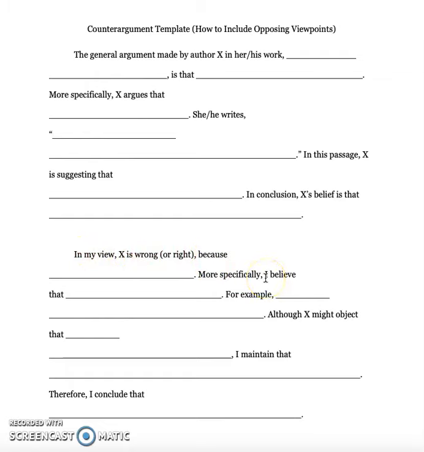Now, what if the opposing viewpoint actually states something that you think is partially true? That's another instance where you could say X is right because of this, but you could say more specifically, I believe that blank, right? So maybe you can offer a concession and say, well, they're right about this, but they're wrong about that.